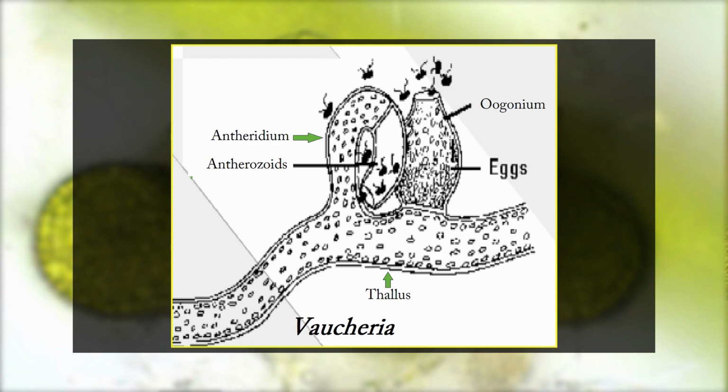Only one of the many antherozoids enters the oogonium and finds its way into ooplasm through a receptive spot. The nucleus of the antherozoid is smaller than the nucleus of the egg cell.